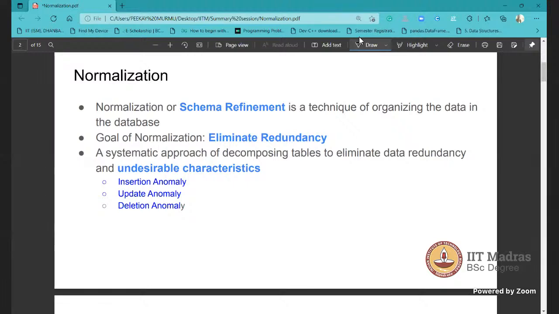Deletion anomaly: when we want to delete a tuple, we also lose some other data which we don't actually want to lose. Yeah, that is absolutely correct. Okay, let me explain.